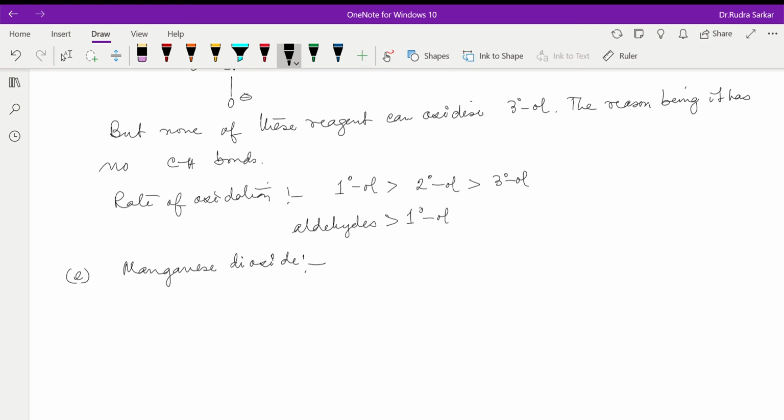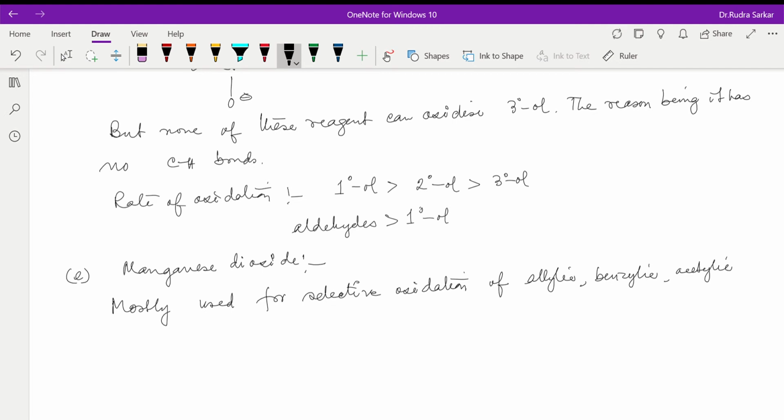It is mostly used or applicable for selective oxidation of allylic, benzylic, acetylenic alcohols to the aldehydes or ketones.